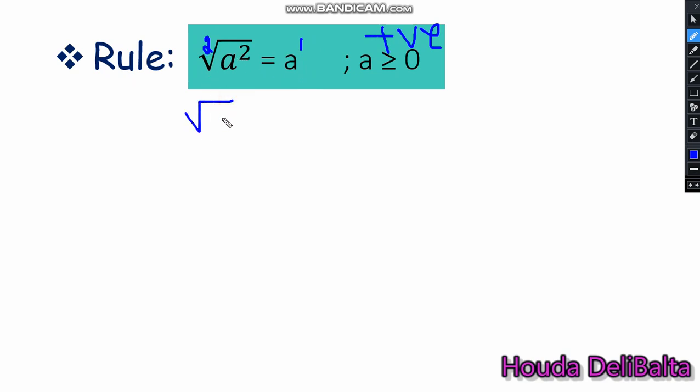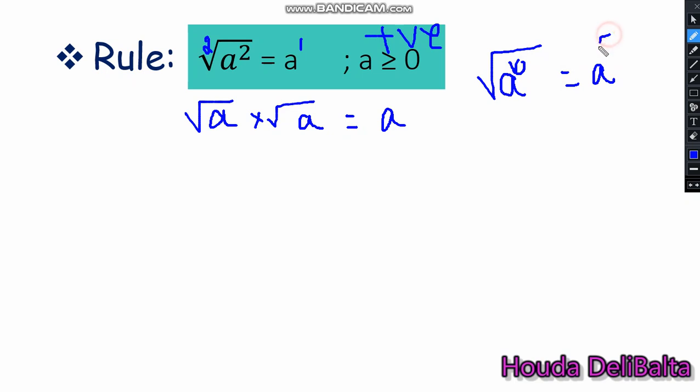Similarly, if you have radical a times radical a, where a is positive, you can write directly a, because radical a times radical a gives radical a squared and the answer is a. If you have, for example, radical a to the power 10, then the answer is a to the power 5.